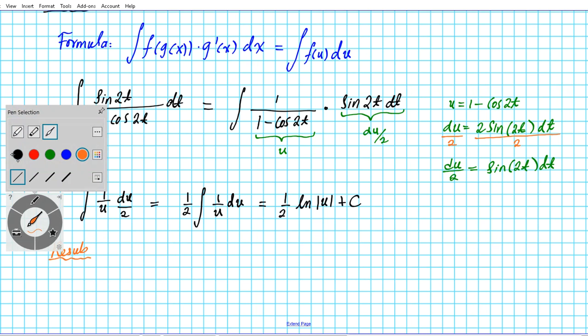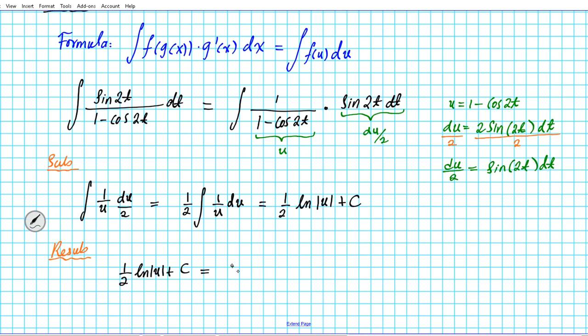We'll take that u out and replace it with what it originally was, which is 1 minus cosine 2t. Your answer will be 1/2 times the natural logarithm of the absolute value of 1 minus cosine 2t plus c.